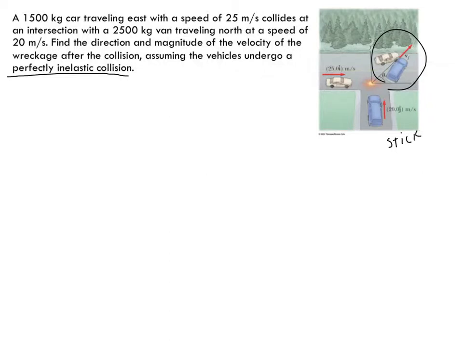So here, we can write our momentum equations for both directions. In the x direction, we have our momentum of our first object, which we'll call M1: M1 V1 naught plus 0, since our second car has no momentum in the x direction.